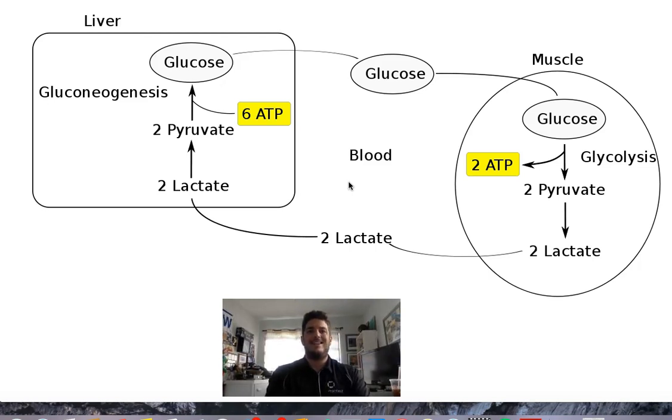Instead of accumulating inside the muscle cells, lactate produced by anaerobic fermentation is taken up in the liver. This initiates the other half of the Cori cycle. In the liver, gluconeogenesis occurs.